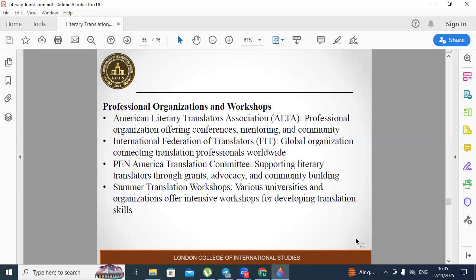PEN America Translation Committee, supporting literary translators through grants, advocacy, and community building. Summer translation workshops, various university and organization offer intensive workshops for developing translation skills.